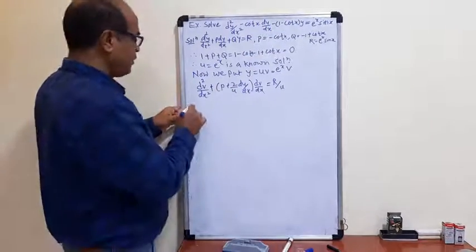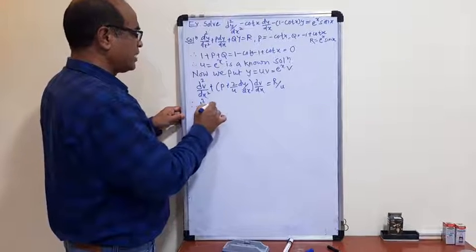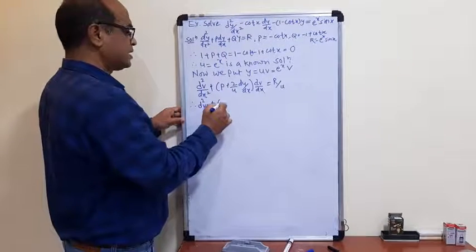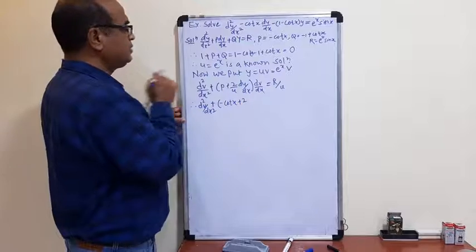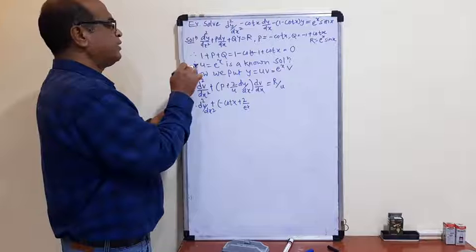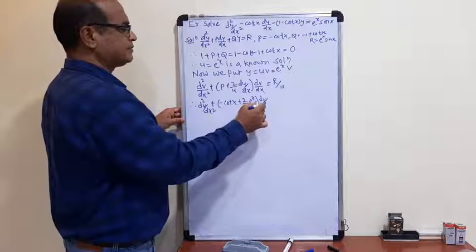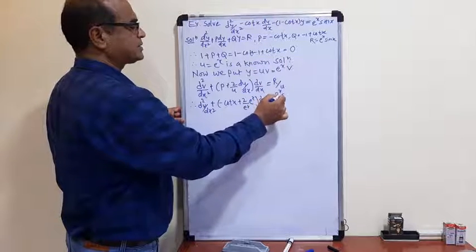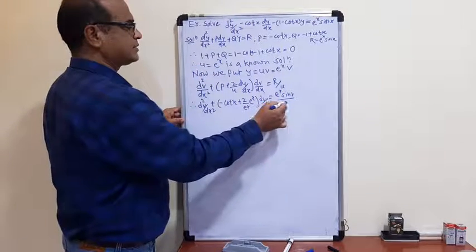Therefore, d2v by dx square plus, what is p? p is minus cot x, plus 2 times u, what is u? u is e raised to x. And what is du by dx? The derivative of this is e raised to x, into dv by dx is equal to, what is r? r is e raised to x sin x, divided by u, which is e raised to x.